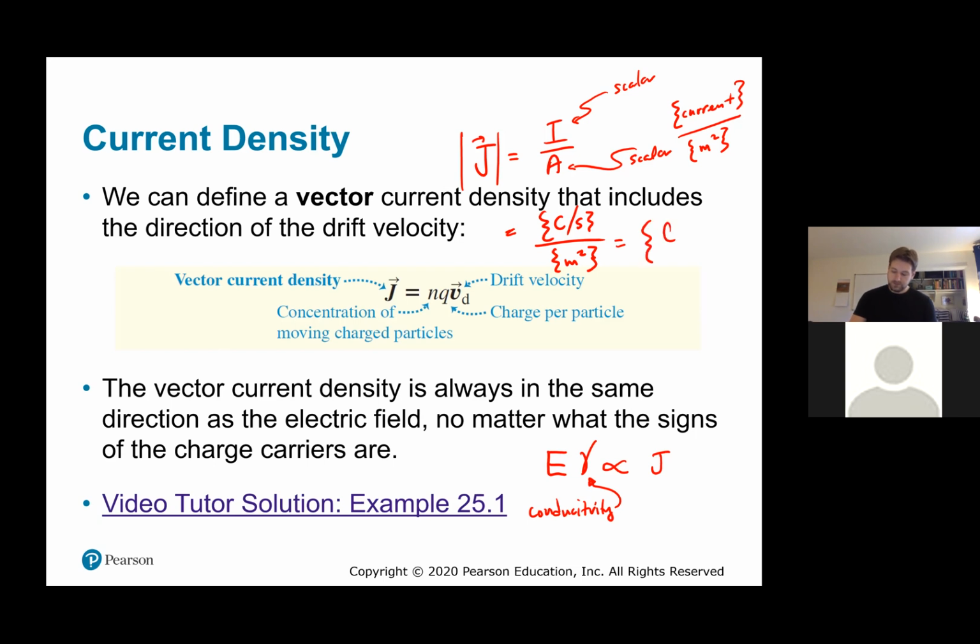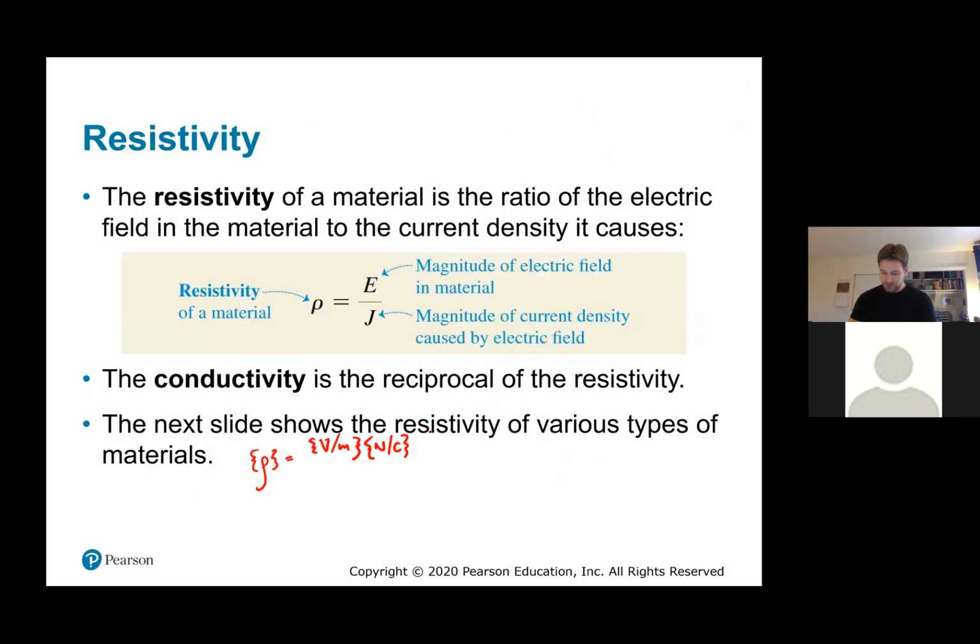Coulomb per second meter squared. Okay, so, oh dear.